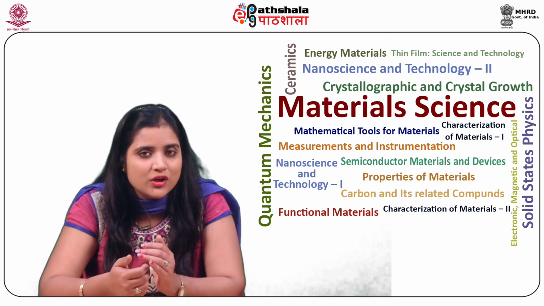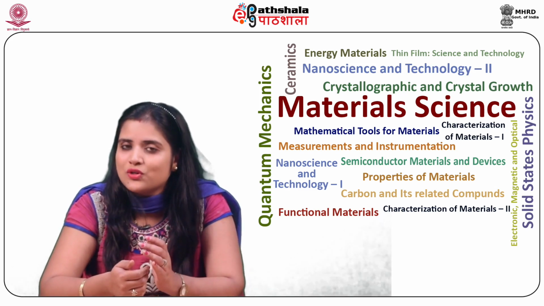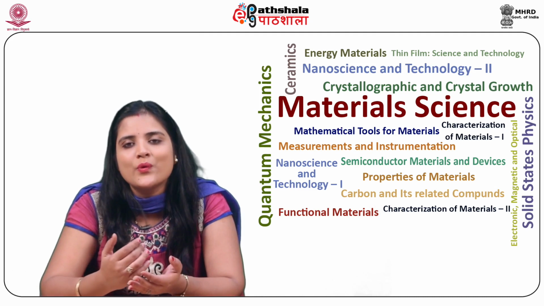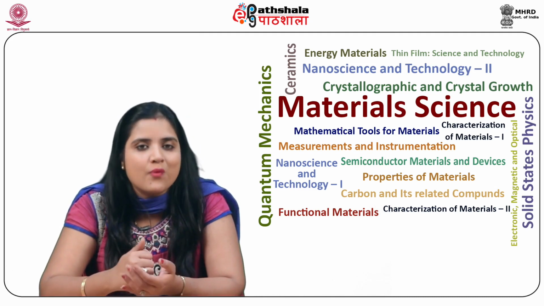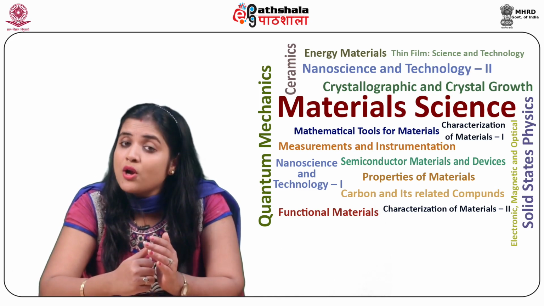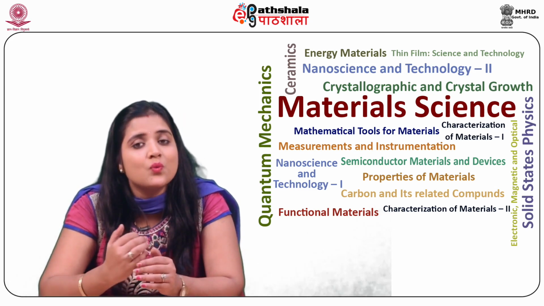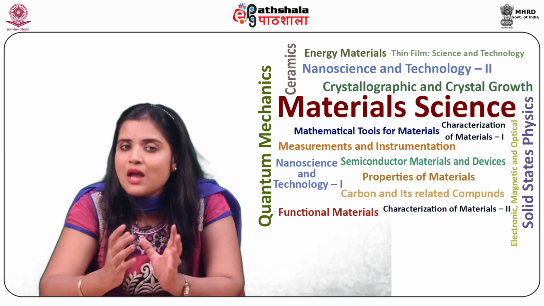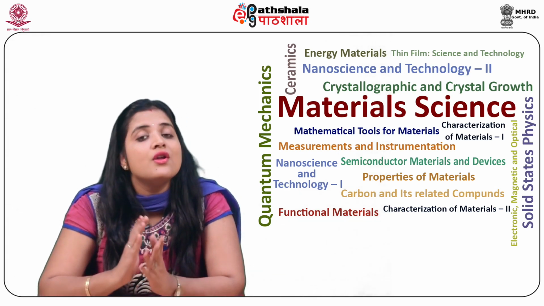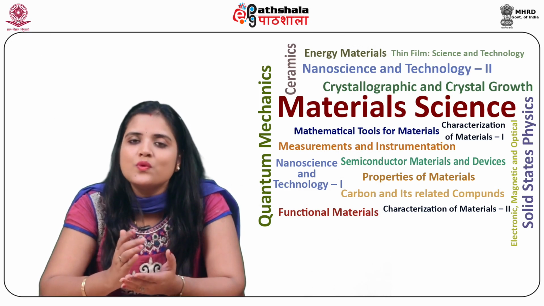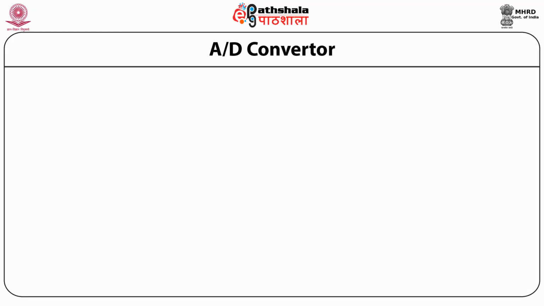The reference voltages are thus equal to plus V by 4, plus V by 2 and plus 3V by 4. The corresponding analog to digital converter will convert the analog voltages lying in the range of 0 to plus V into digital.